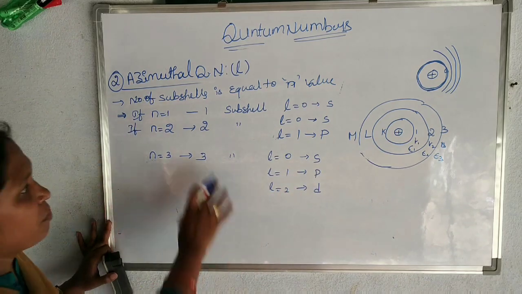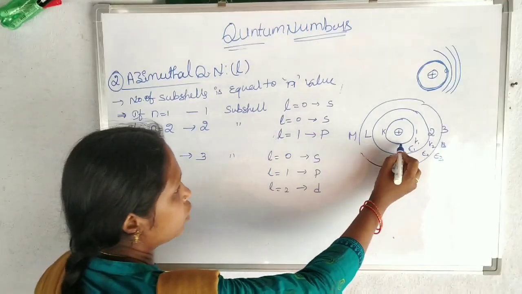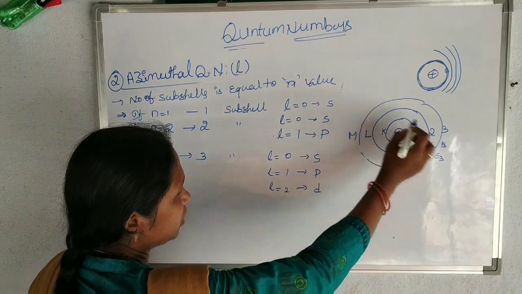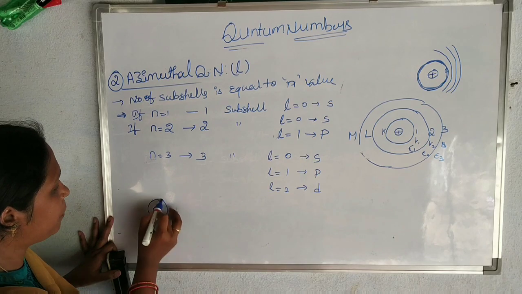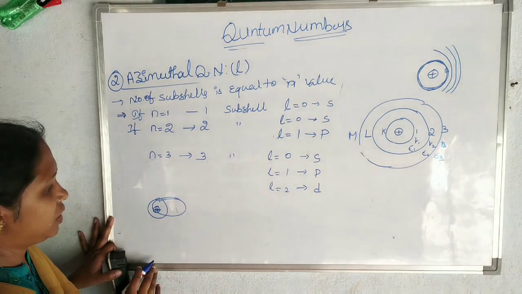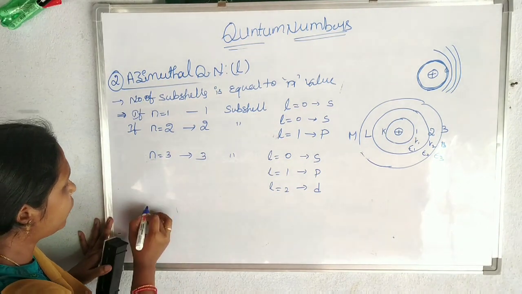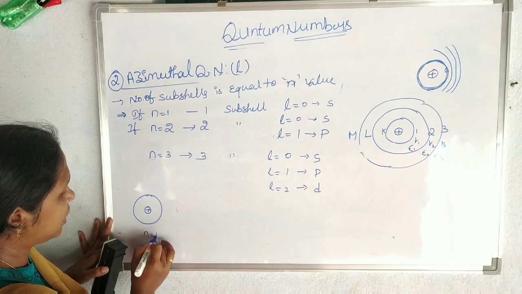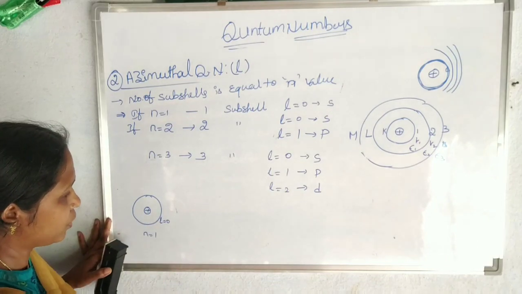Why is the main energy level divided into sub-energy levels? If an electron is continuously rotating in a circular path, the path will be deviated and it will become an elliptical path. N equal to 1 means it has only one path. Here the first energy level has only one sub-energy level, L equal to 0.